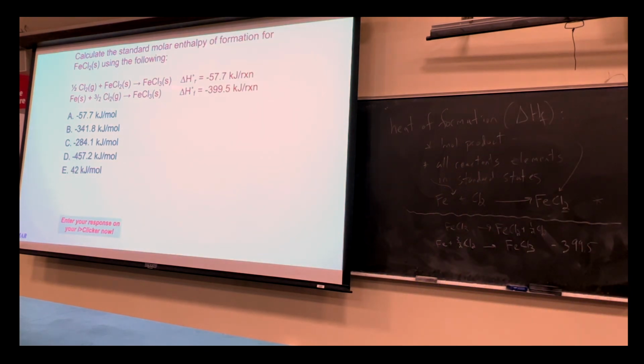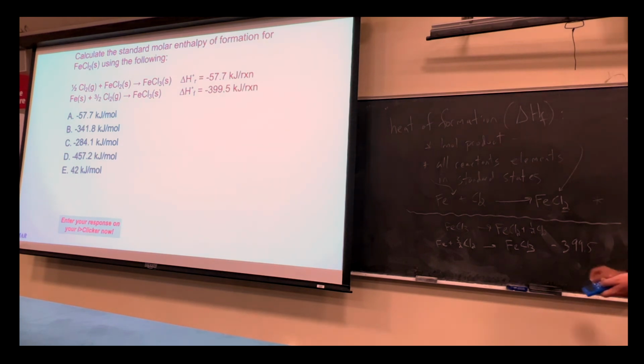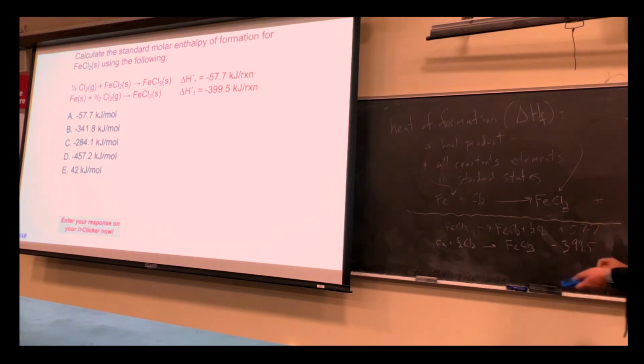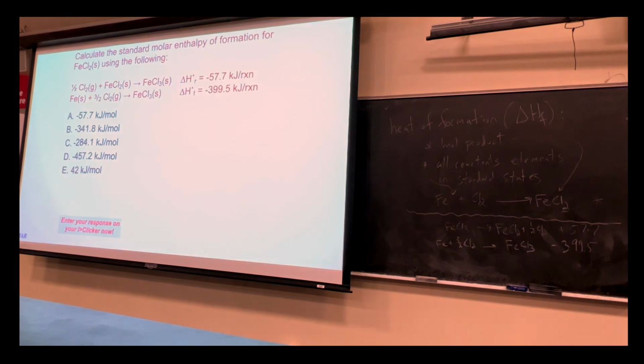What do you do to the sign of delta H when you flip a reaction around? Flip it, that's right. Negative becomes positive, positive becomes negative. So this negative 57.7 becomes a positive 57.7 kilojoules. When you flip a reaction, you just change the sign, all right? Is that clear? Any questions on that part?